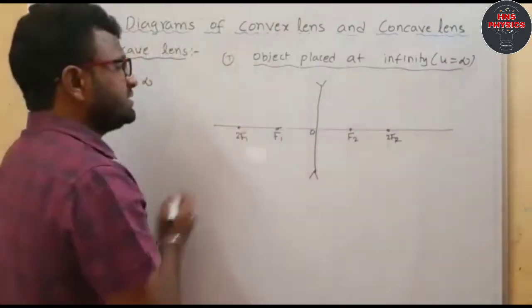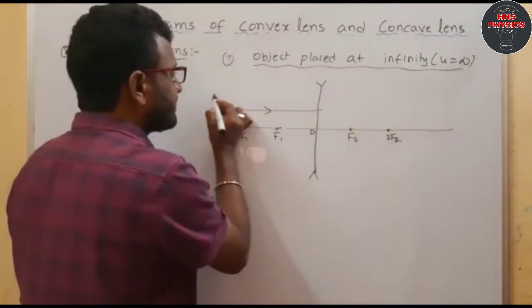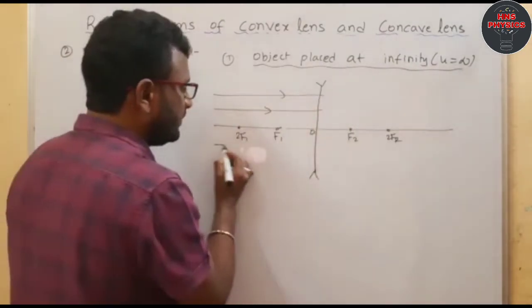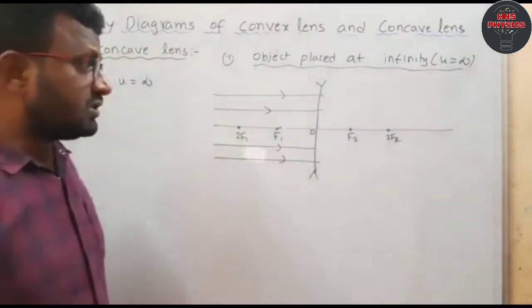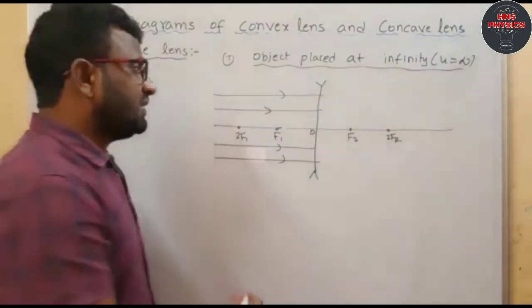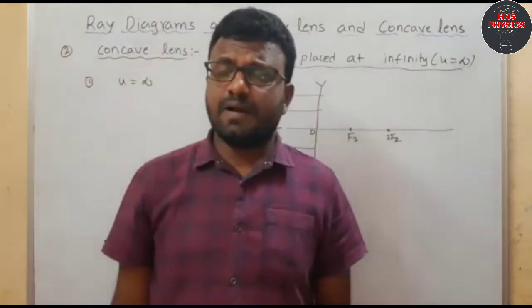Now when the object is placed at infinity, the rays are coming parallel to each other from the source of the object. After the refraction, the concave lens, which is a diverging lens, diverges the rays.